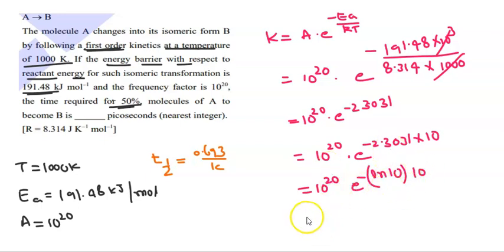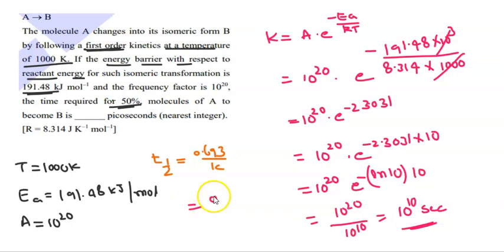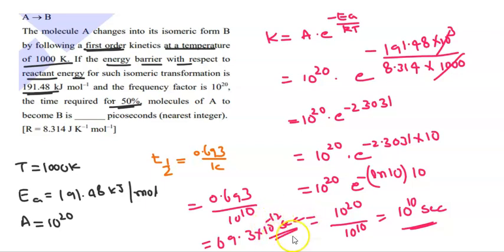So if you cancel e power and ln 10, you get 10 power 20 by 10 power 10, that will be equal to 10 to the power of 10 per second. Then t half is equal to 0.693 by 10 power 10. That can be written as 69.3 into 10 to the power of minus 12 seconds, which can be taken as 69.3 picoseconds.